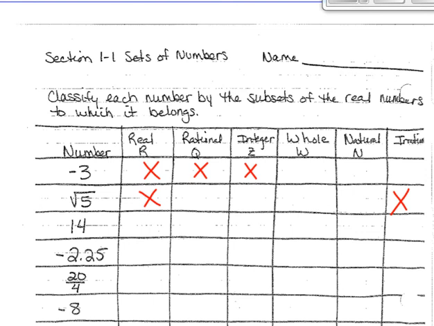It must just be an irrational number. And jumping down a little bit, negative 2.25, it's a real number. All the numbers we're looking at are real numbers. Rational numbers, can I write it as a fraction? Sure, that's 2 and 25 hundredths. So I could write it as a fraction with hundredths, or convert it to the mixed number version. I can do a bunch of different things, but I can eventually look at it as a fraction.